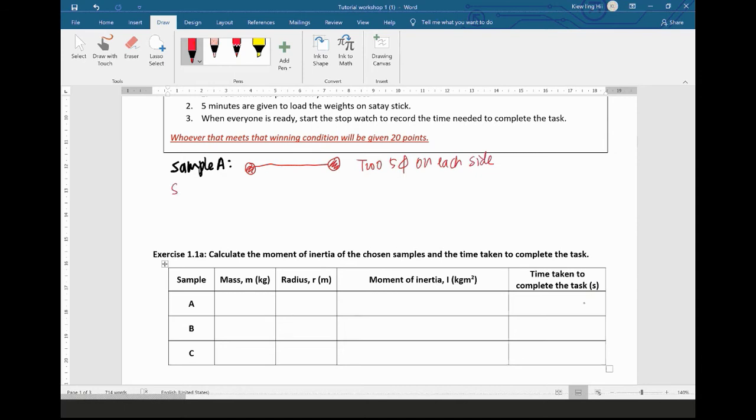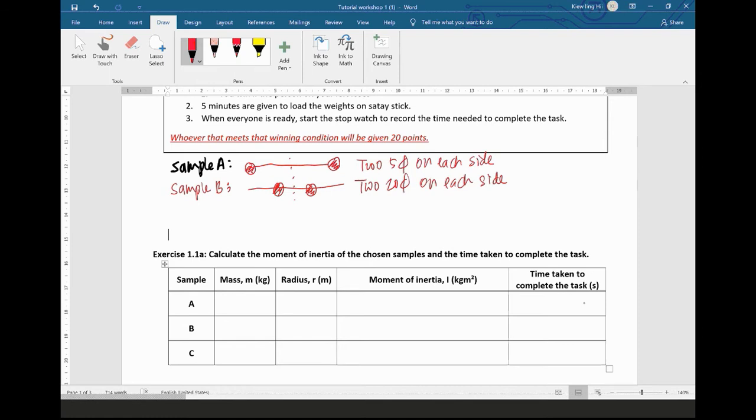And we have another one, which is sample B, with 20 cents located on each side, but somehow near to the center of rotation.